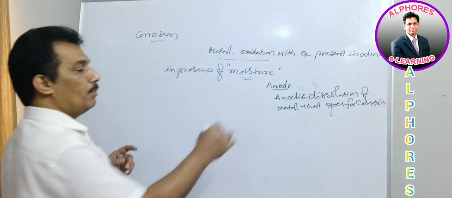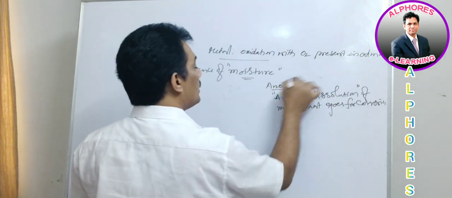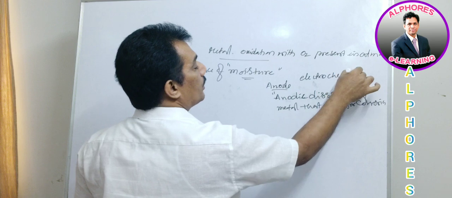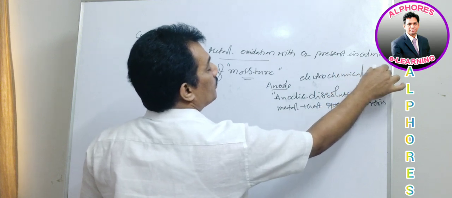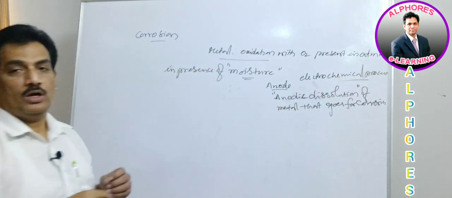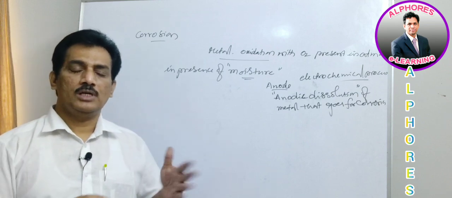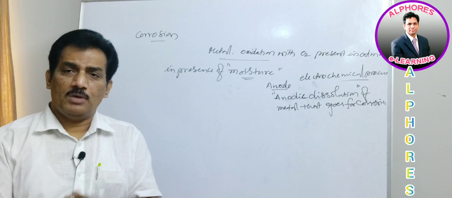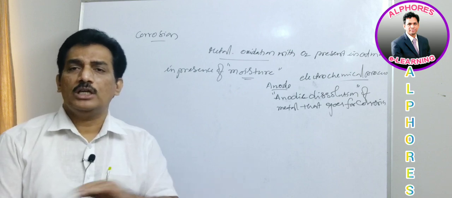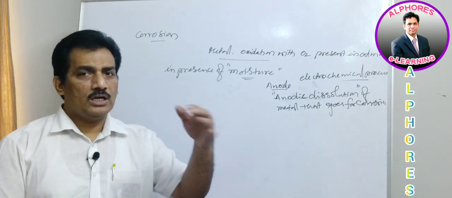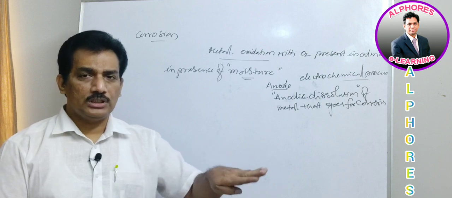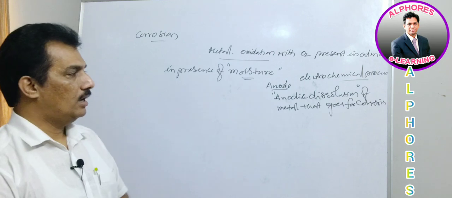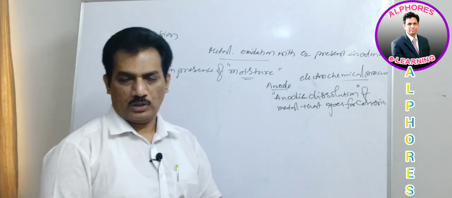Anodic dissolution, you remember, is an electrochemical process. In this electrochemical process, the metal anode is slowly dissolving. Dissolving means it is slowly converting from metallic form to combined or mineral form, so the pure metallic form is decreasing. That's why it is known as anodic dissolution of the metal.